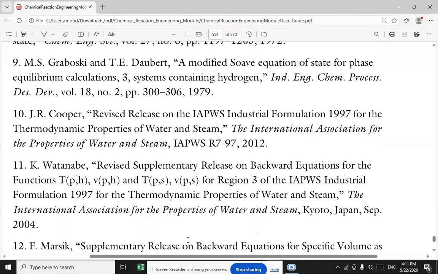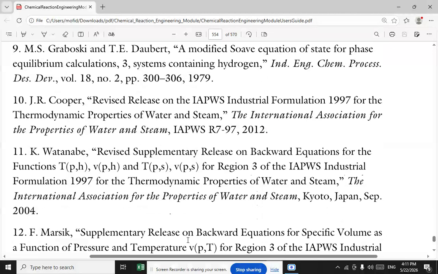The next one was written by Daubert, and the name was a modified Soave equation of state for phase equilibrium calculation of systems containing hydrogen.